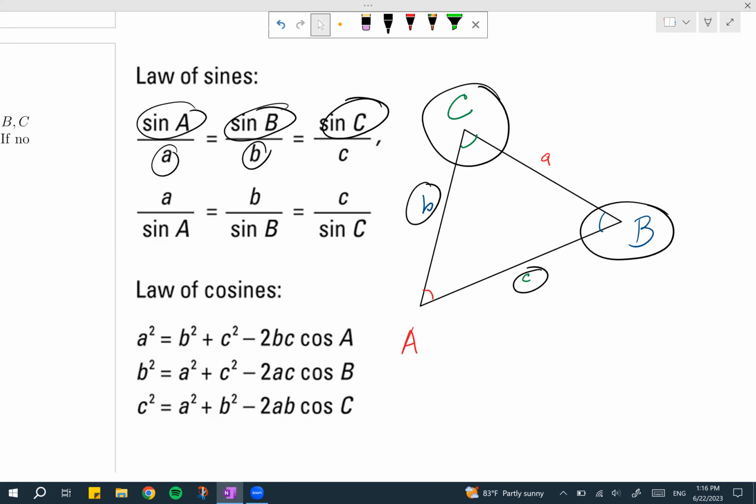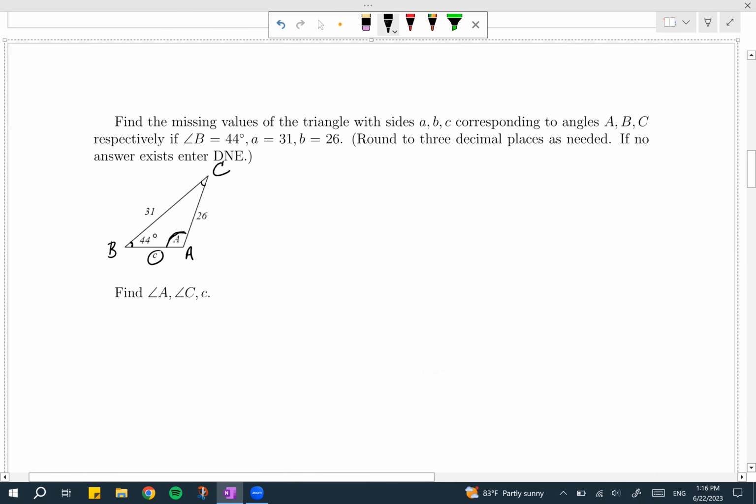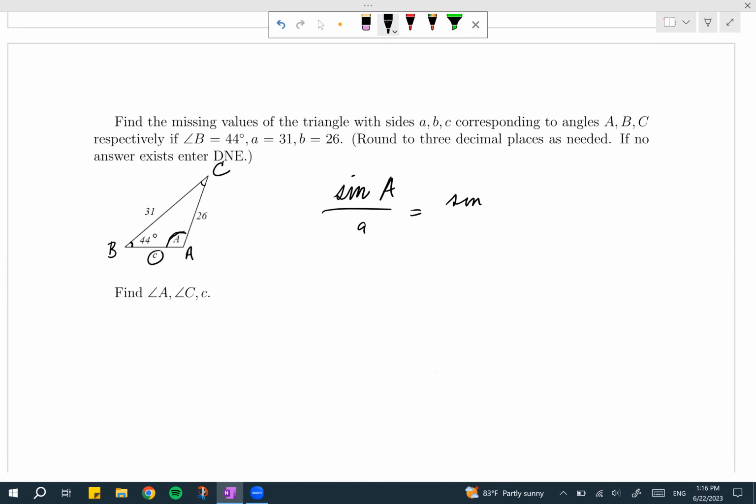So I'm going to write this right here: sine of A over A is equal to sine of B over B is equal to sine of C over C.